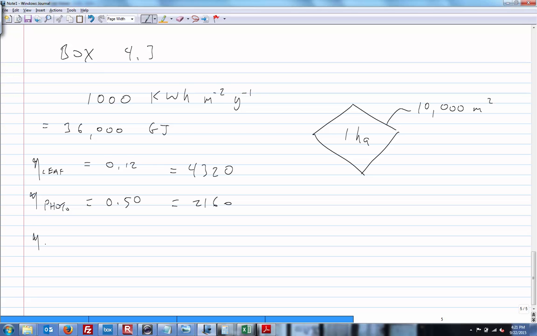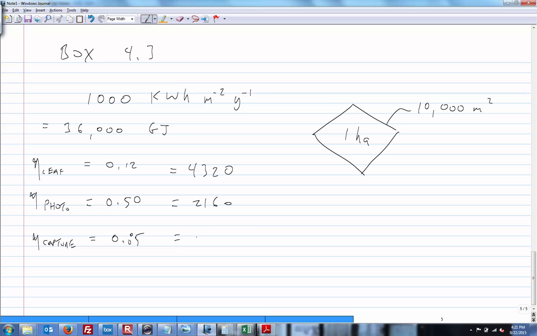So now I'm going to do eta capture by growing leaves. That's 0.85. So even though it's photosynthetically active, the capture rate is not 100% efficient, even though it's in the right bandwidth.